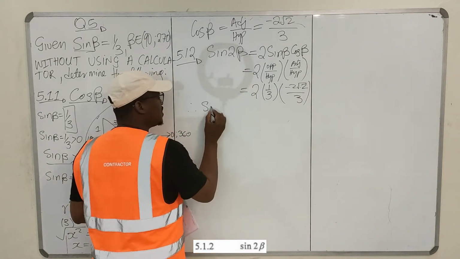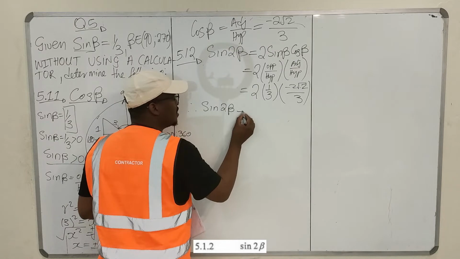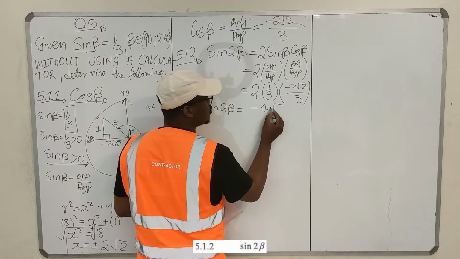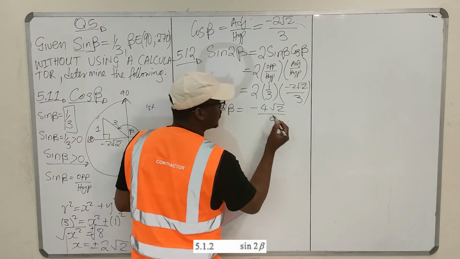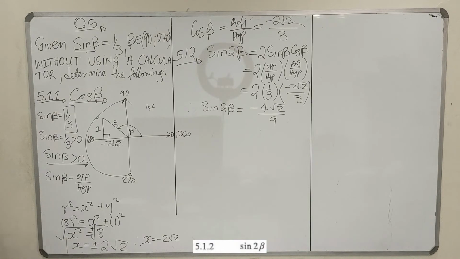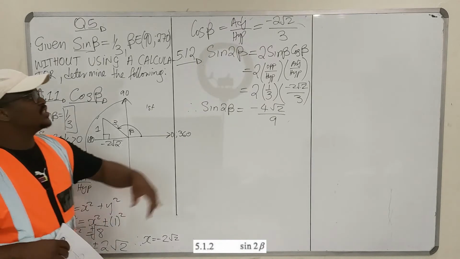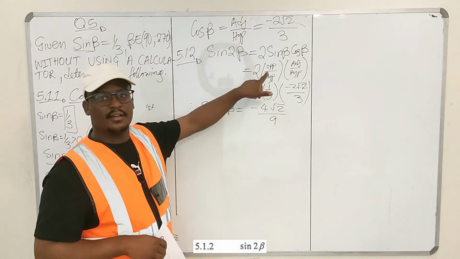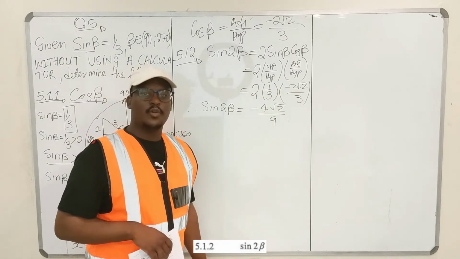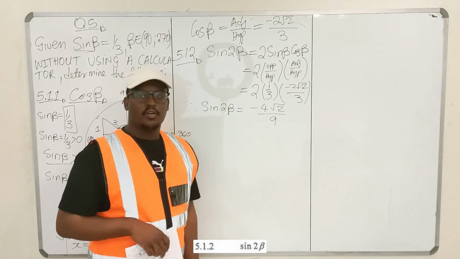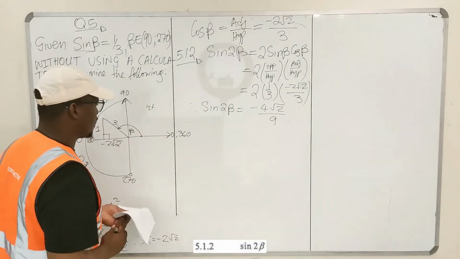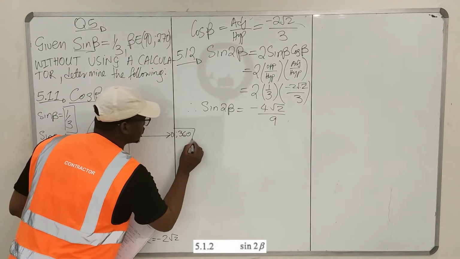Therefore, your sine 2 beta is equal to the simplification of that, which is minus 4 root 2 over 9. This is your sine 2 beta. This is a double angle from your double angle or compound angle expansions. So we're done here.